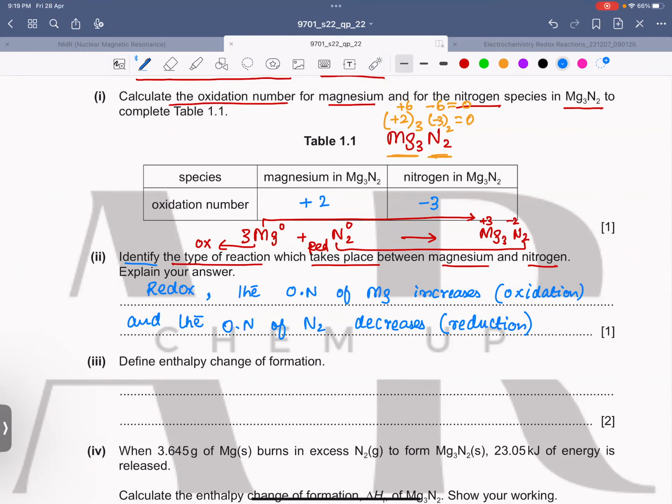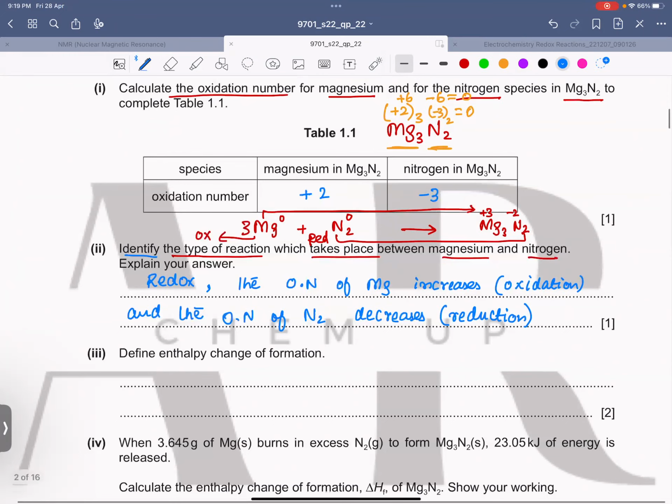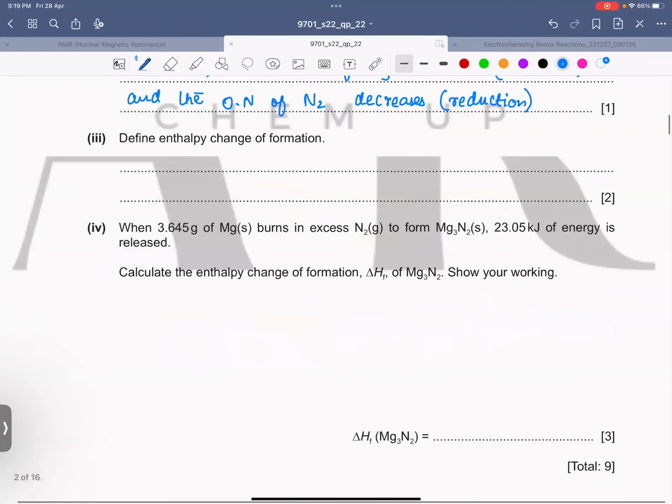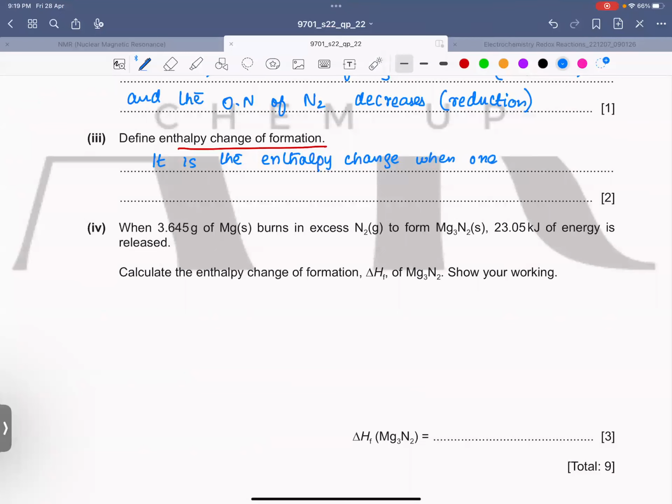Now, if you recall the definition, it is the enthalpy change when one mole of a compound.